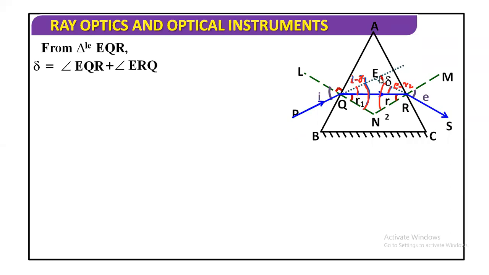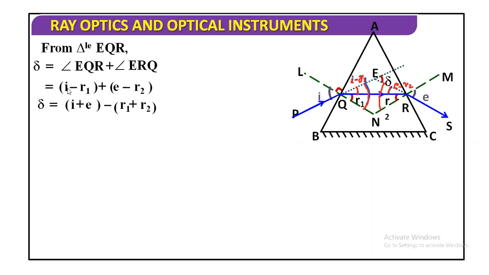Delta. Delta is the exterior angle, and we know that the exterior angle is equal to the sum of the interior angles. So exterior angle delta is equal to the sum of the interior angles. Interior angle is I minus R1, so I minus R1 plus E minus R2.